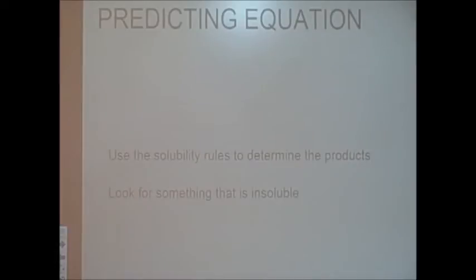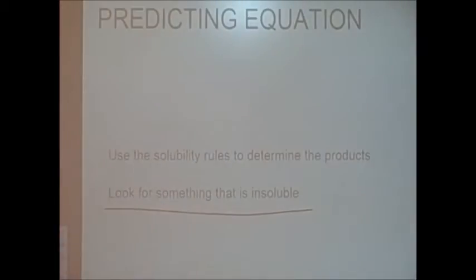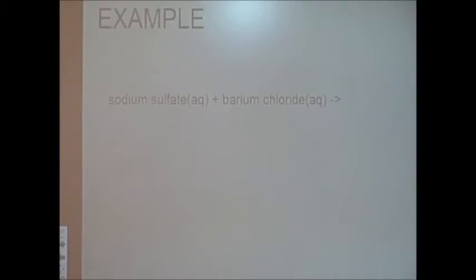When we're doing this, we have to predict the products. Predicting the products is a little bit tougher, but the key is to look for something that is insoluble. If it's insoluble, we're going to have a reaction. That's the key. So we have sodium sulfate and barium chloride, both in solution.